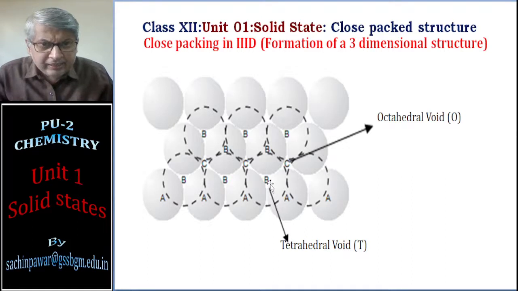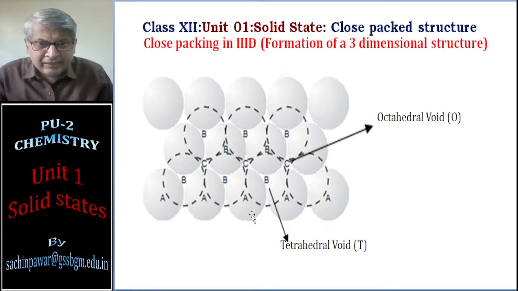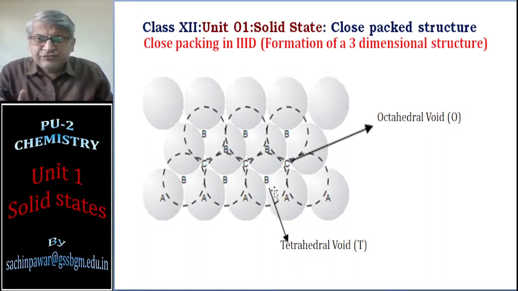Void B is in contact with 3 particles of the first layer, that is A particles, and a particle of the second layer. That's why 4 particles are there, and these 4 particles form a tetrahedron, and the gap in between is called a tetrahedral void.